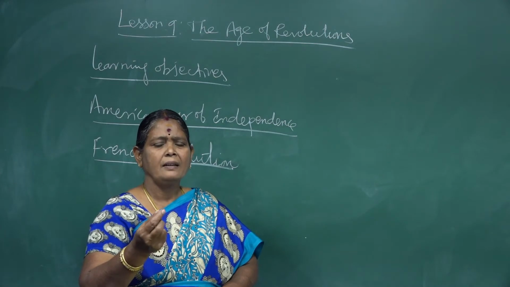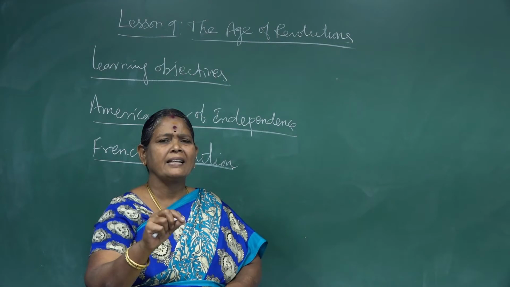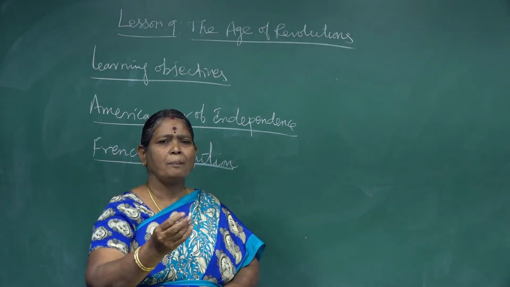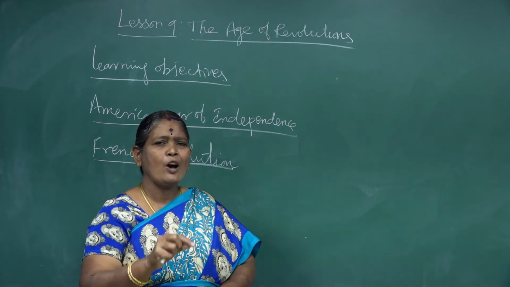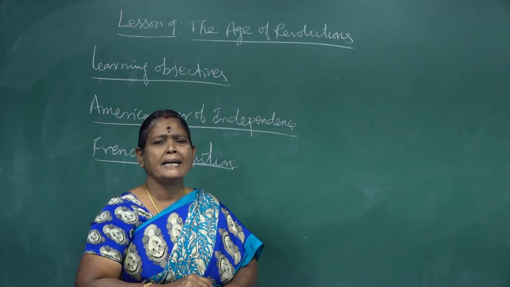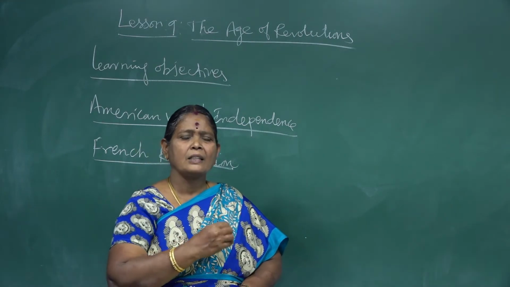Embossed means the royal figure engraved on stamp paper. That type of paper had to be used to produce printed material. So this was what insulted them.